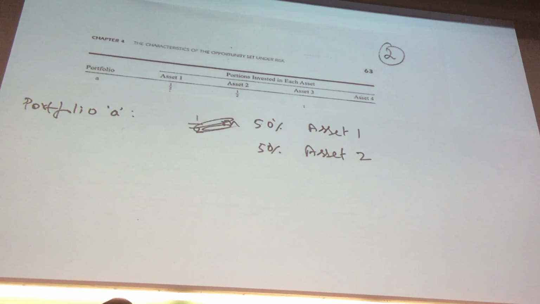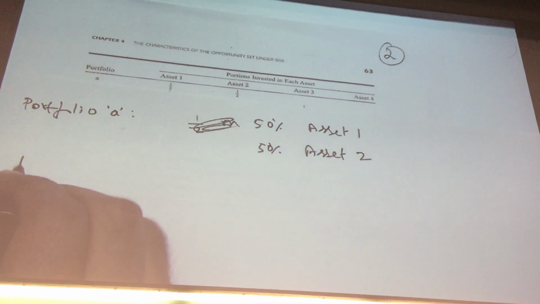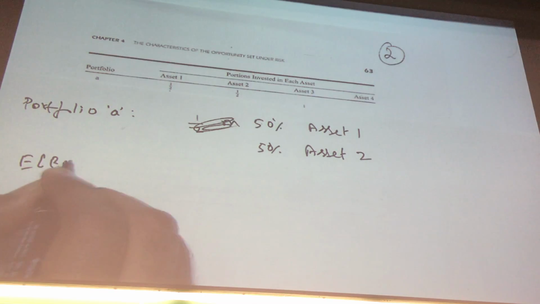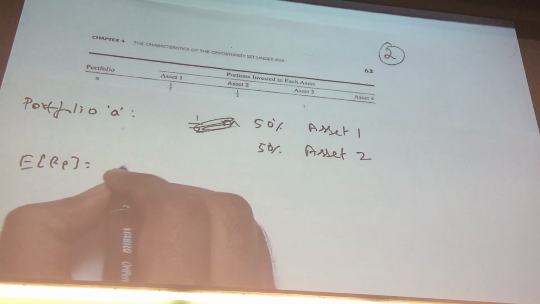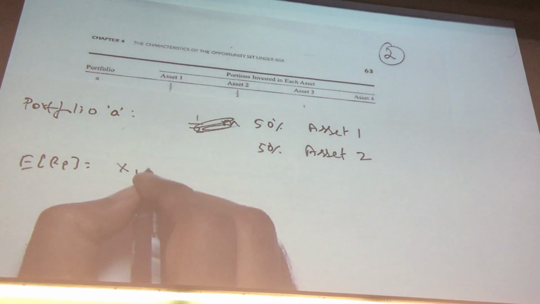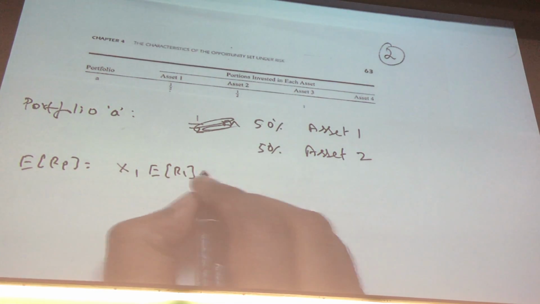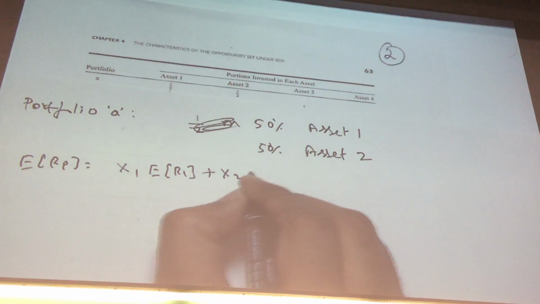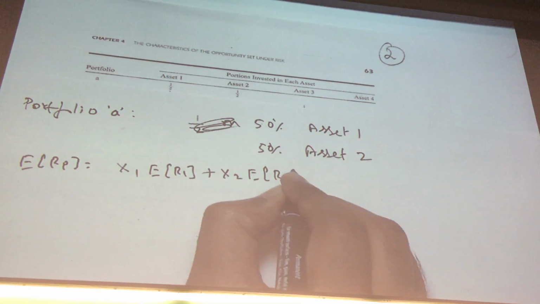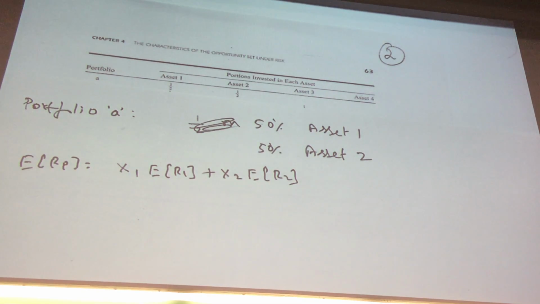So you need to find the expected return of the portfolio. So expected return of the portfolio is equivalent to x1 times the expected return of the first asset plus x2 times the expected return of the second. This is basically the formula that we have in our previous discussion.